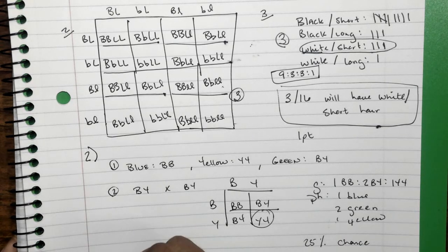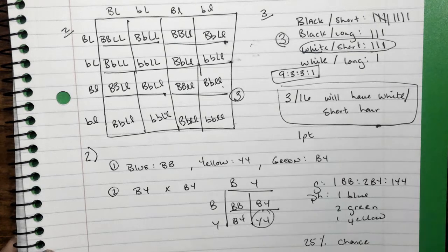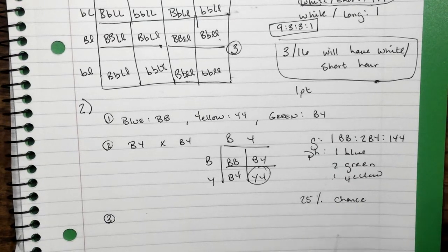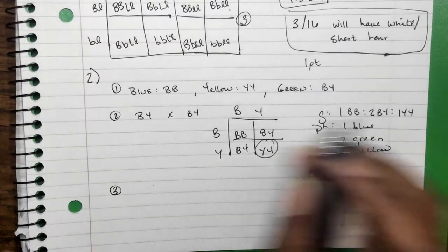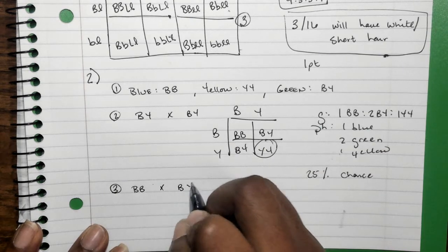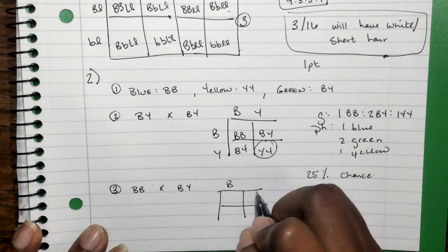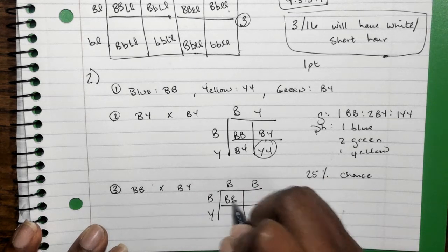Okay? And then the next one, the last one. What are the chances of getting blue offspring in a cross between a blue snapdragon and a green snapdragon? Again, I'm going to write the cross. Blue is big B, and here's green, and then I do the Punnett square. There's the blue, there's the green.